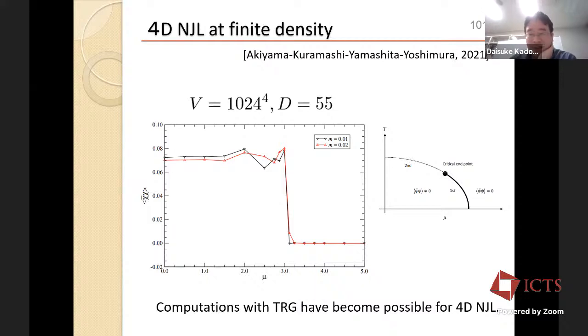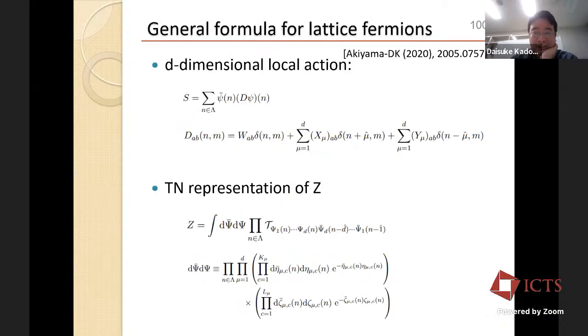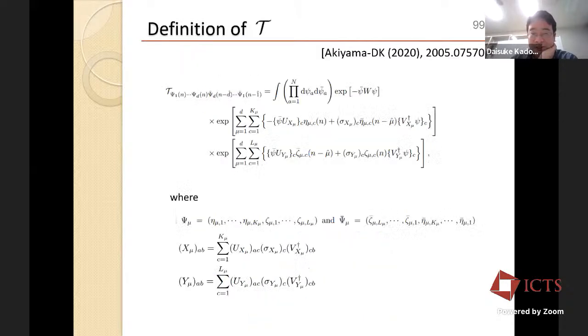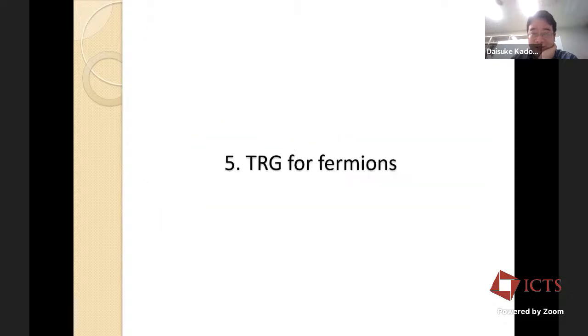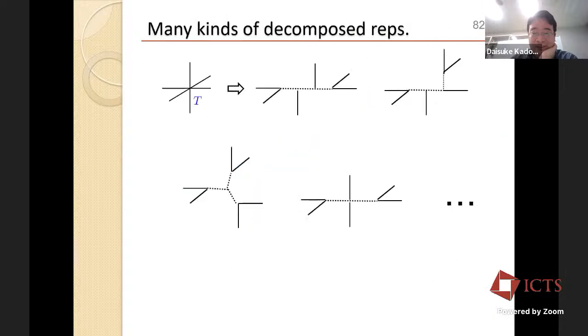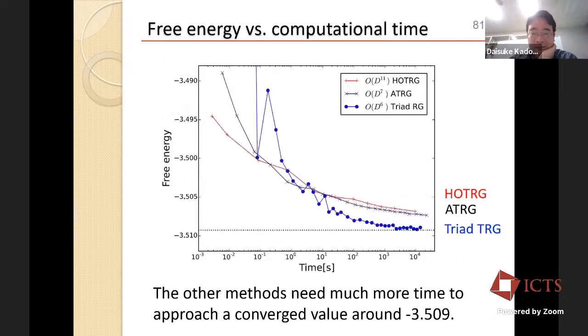So in your experience, the accuracy is reduced for the finite temperature case here? Okay. Yeah, I'm not sure about it.